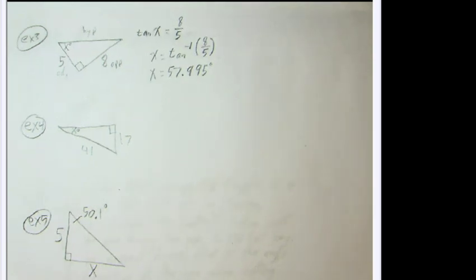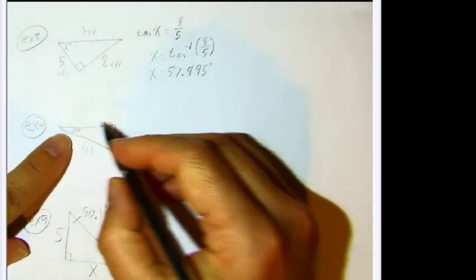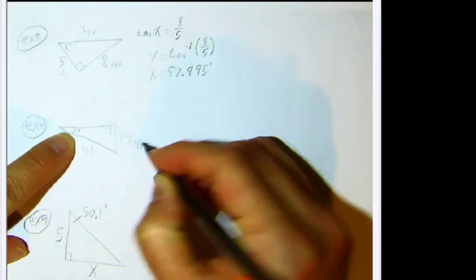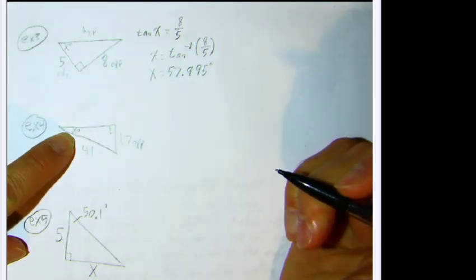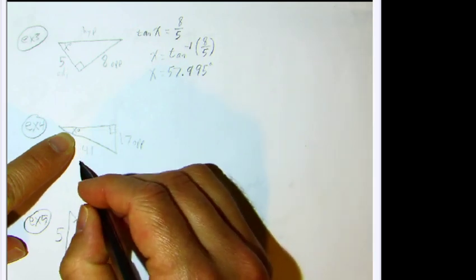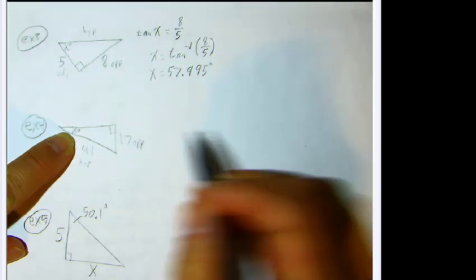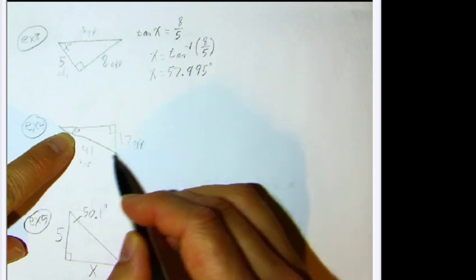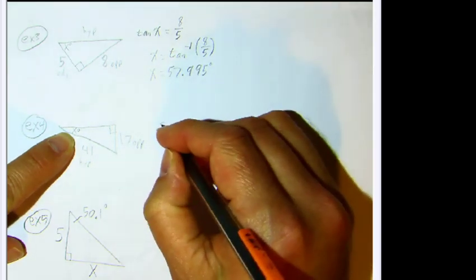All right, let's try one more. So here I have x straight across. This is going to be the opposite side. From the 90 here we go across. That's going to be our hypotenuse. So here I have opposite and hypotenuse. So the trig function that has opposite and hypotenuse is sine.